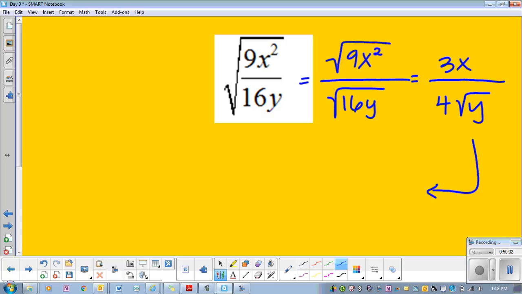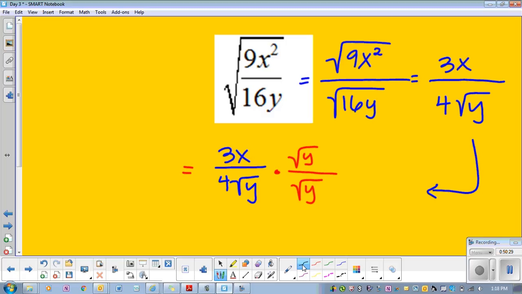Okay. Can't leave it that way because we don't like having a square root in our denominator, right? So we have 3x over 4 root y times what? Root y over root y. You can just multiply it by whatever's inside your radical, just the radical part, okay? So then I'm going to go to the left. 3x root y over 4 what?